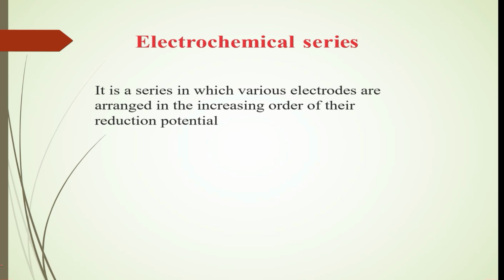The series developed according to the standard hydrogen electrode is called the electrochemical series. What is meant by the electrochemical series? It is a series in which various electrodes are arranged in increasing order of their reduction potential, or electrode potential.